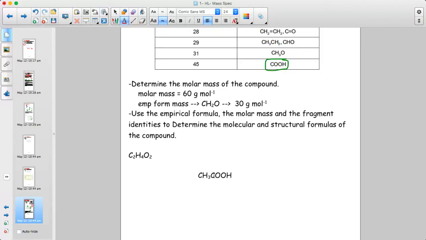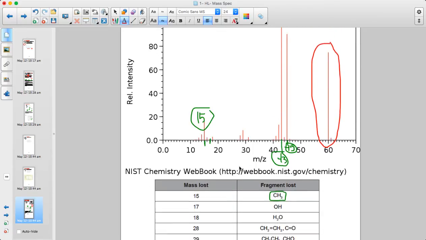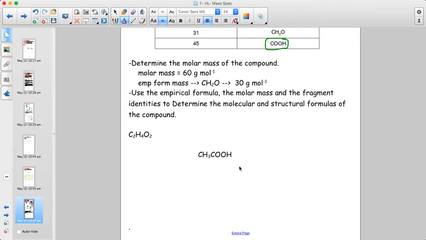Well, let's count it up. I have 2 carbons, 4 hydrogens, and 2 oxygens. So this formula matches my molecular formula and matches 2 of these major peaks. And then I guess we could think about, could it also have a peak at 17?